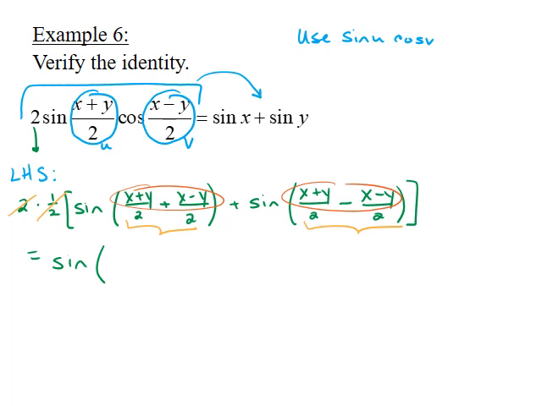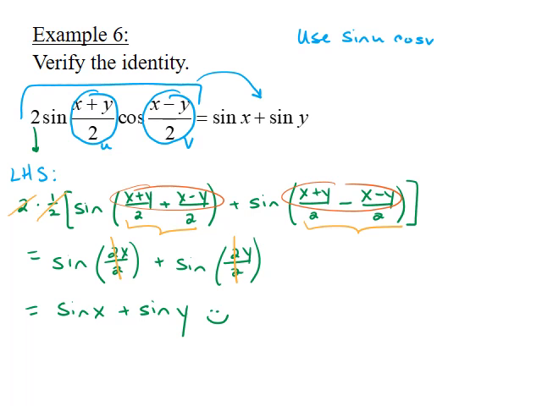When you do this, you'll end up with 2x over 2 for the first term, and 2y over 2 in the second term. The 2's cancel in both of these, and we are left with sine of x plus sine of y, which is what we wanted to achieve.